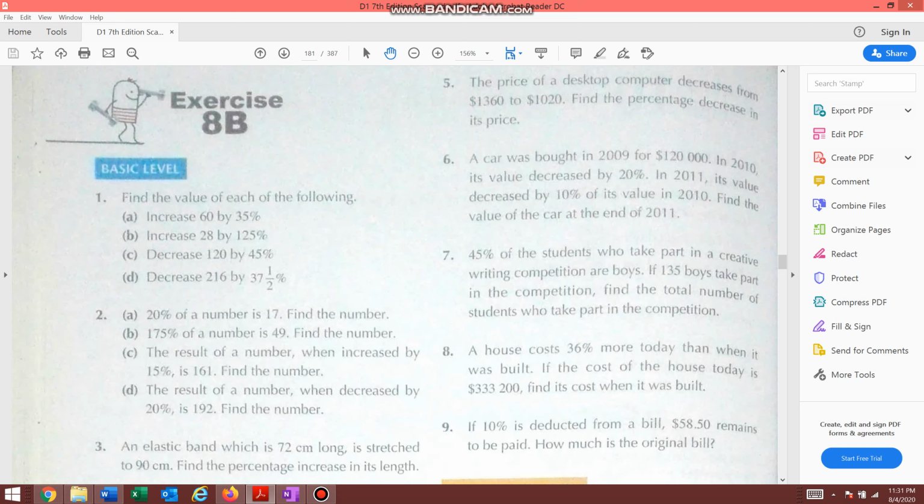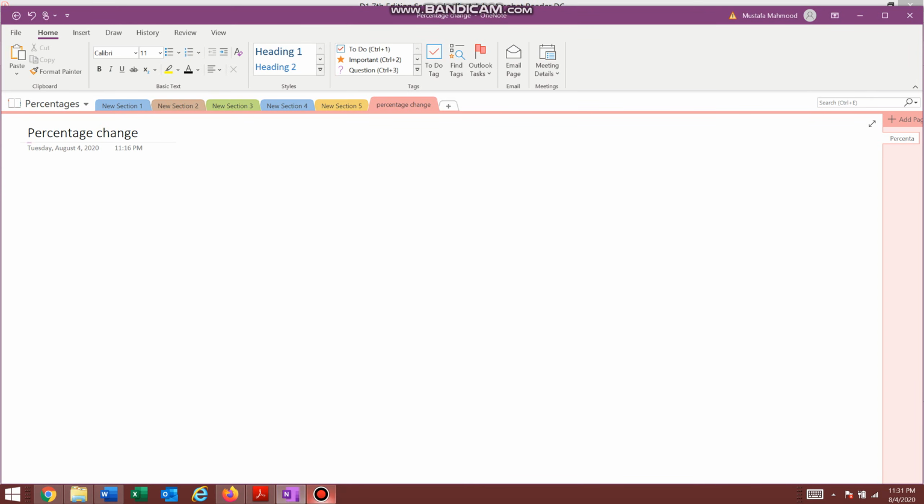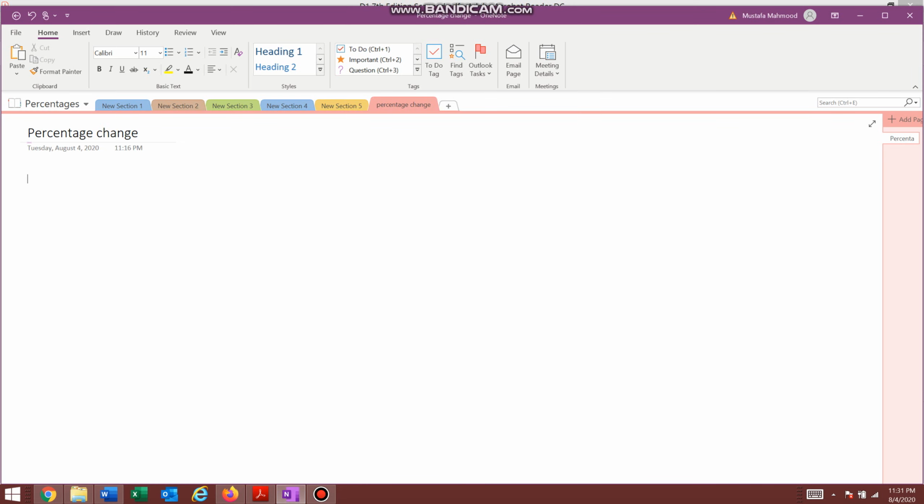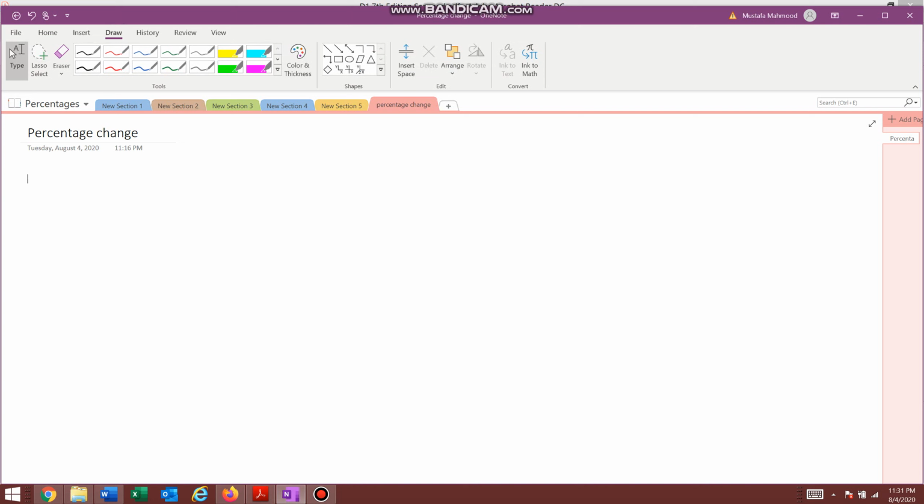Okay? When we are talking about increase, for example, over here in your book, the first question is increase 60 by 35%. Now over here, 60 as a whole, before any increase in it, is 100%.